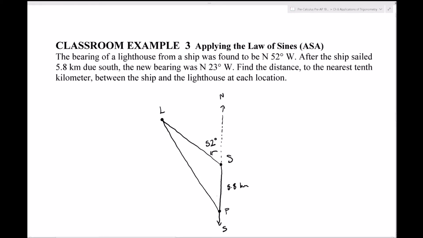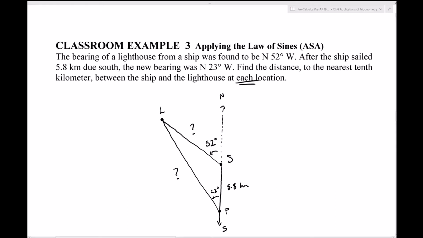That new bearing should be smaller, we would imagine, geometrically. And it is north 23 degrees west. So this is a 23 degree angle now. And that's the only information they're going to give us. Find the distance to the nearest tenth of a kilometer between the ship and the lighthouse at each location. So each location meaning they want this one and they want this one.